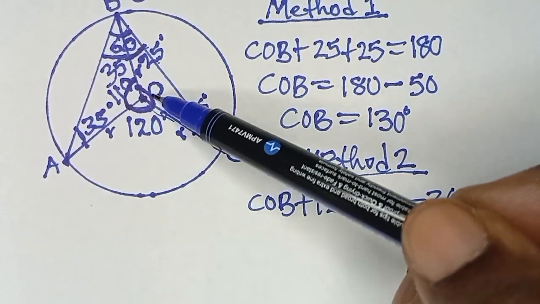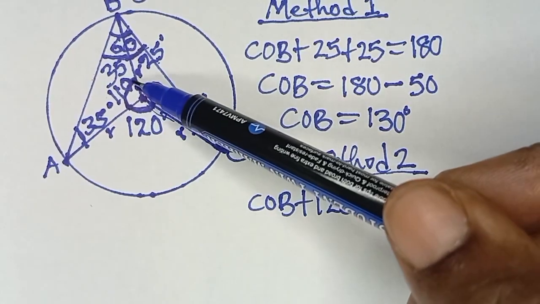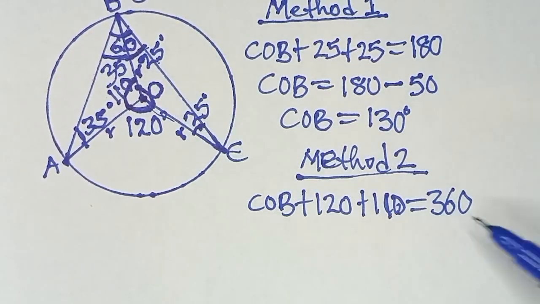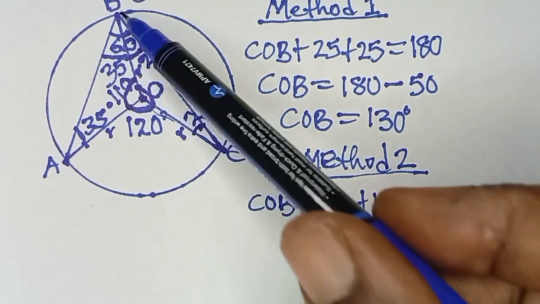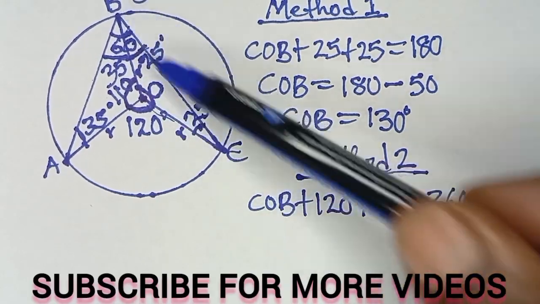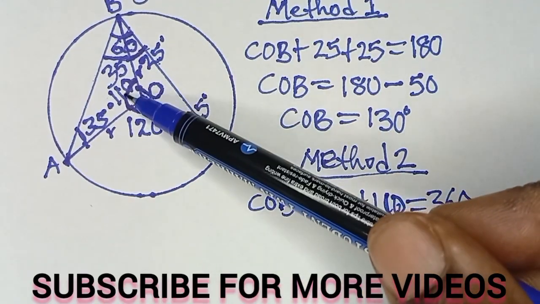So this circular part is the angle at a point, like a circle. So the three angles at this point add up to 360. And these are the three angles that I've written out: COB here, then this angle 120, and then finally this angle 110.